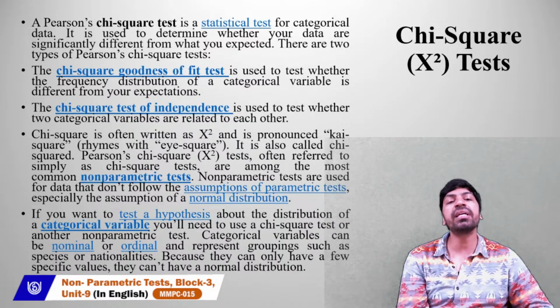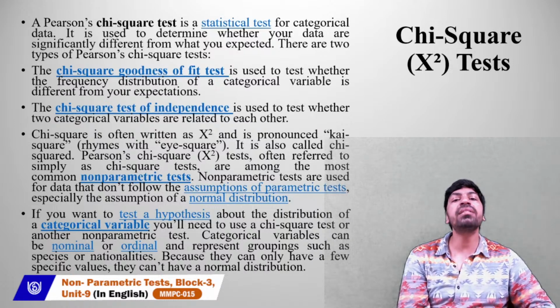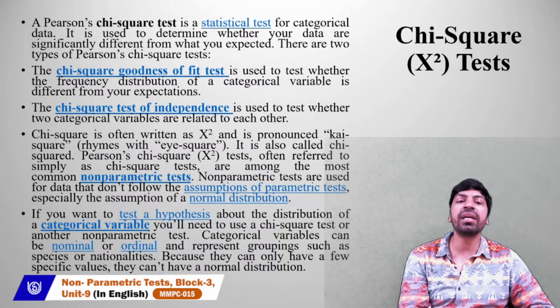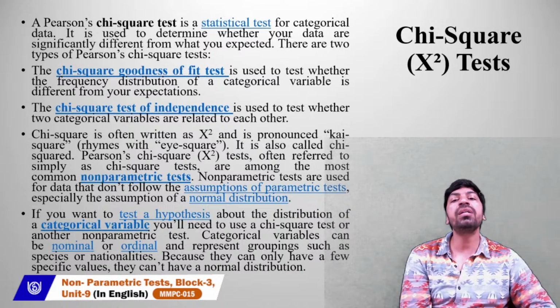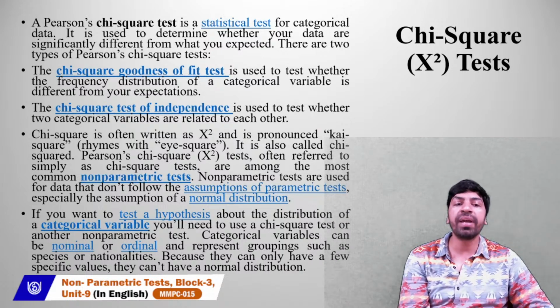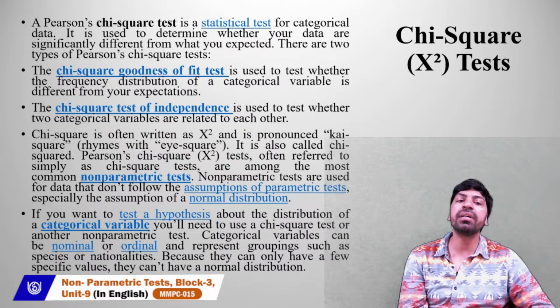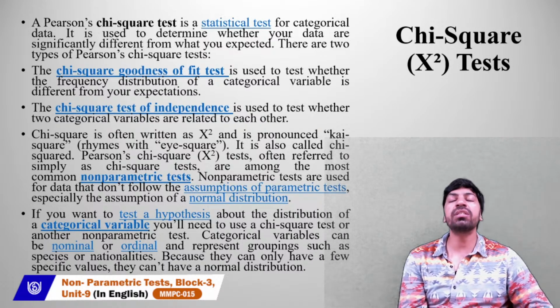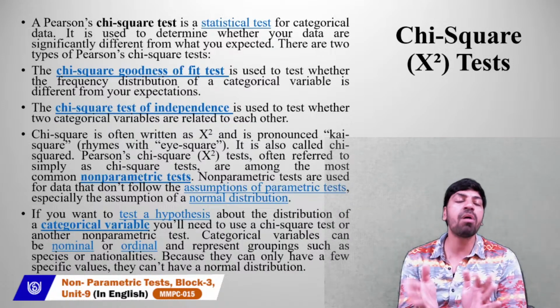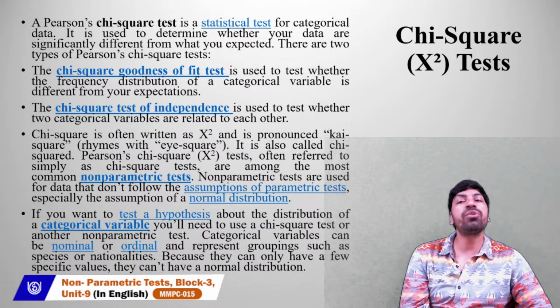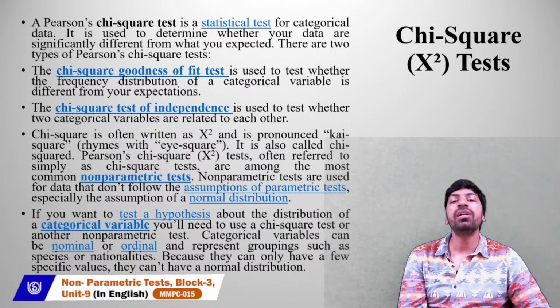The chi-square test is written as χ² and is pronounced chi-square. It is also called chi-squared. The Pearson chi-square test is one of the most popular tests under the non-parametric tests.